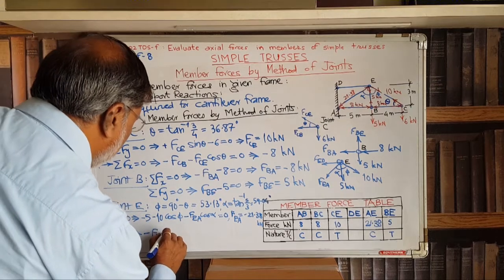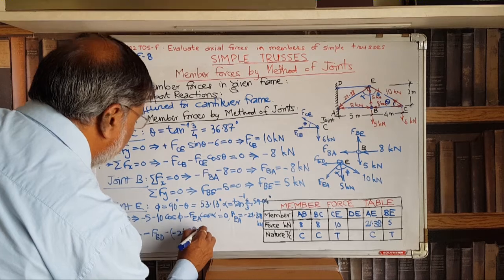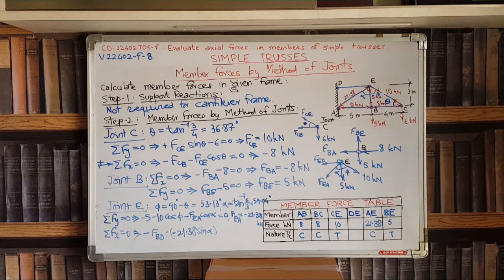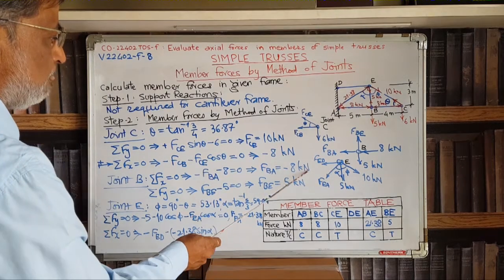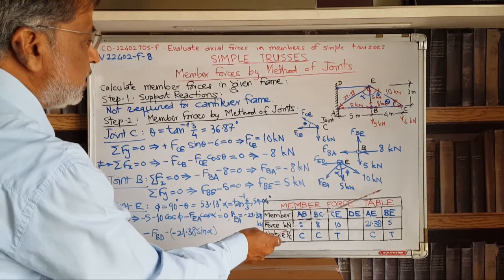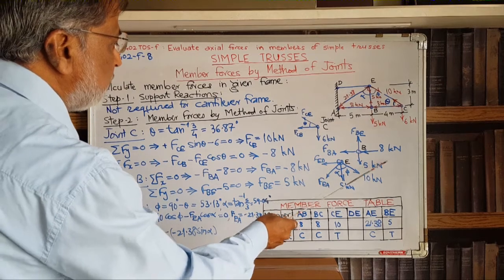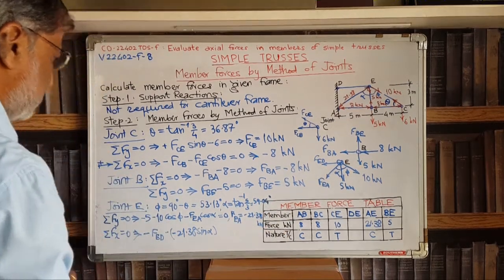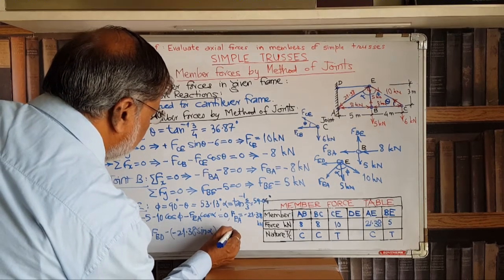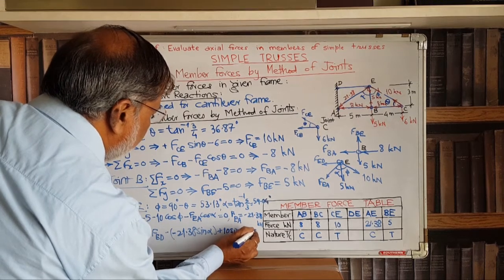So it is minus into brackets minus 21.38 into sine alpha. Now 5 kilonewton is in y direction, no x component. 10 kilonewton will have x component. That x component will be away from the joint and it will be plus. So plus 10 sine phi. And this will be equal to 0.